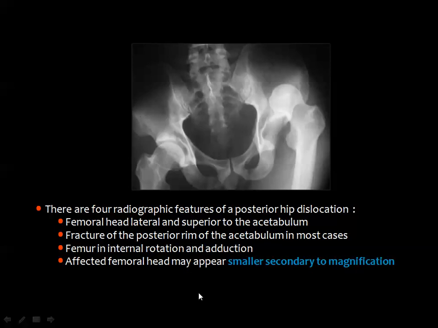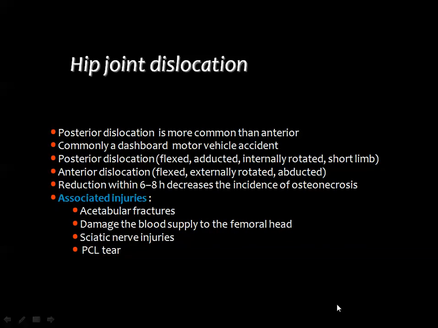And finally, if you look carefully here, you will see that the femoral head looks smaller compared to the non-dislocated femoral head because this head is dislocated posteriorly and now is nearer to the film compared to this femoral head. Then you got some magnification here and you got less magnification there. That's why the dislocated femoral head looks smaller compared to the non-dislocated one.